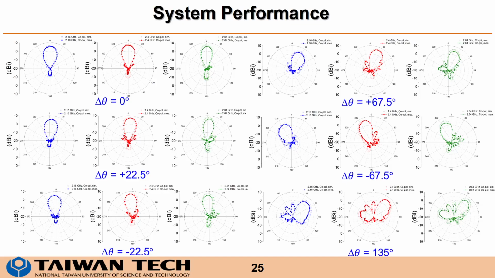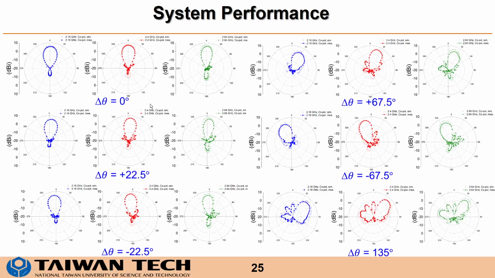And then the important part of the beamforming network, which is the beam variation, is shown here. We try to vary the progressive phase shift of the output port and see how the beamforming network can generate the beam pattern.